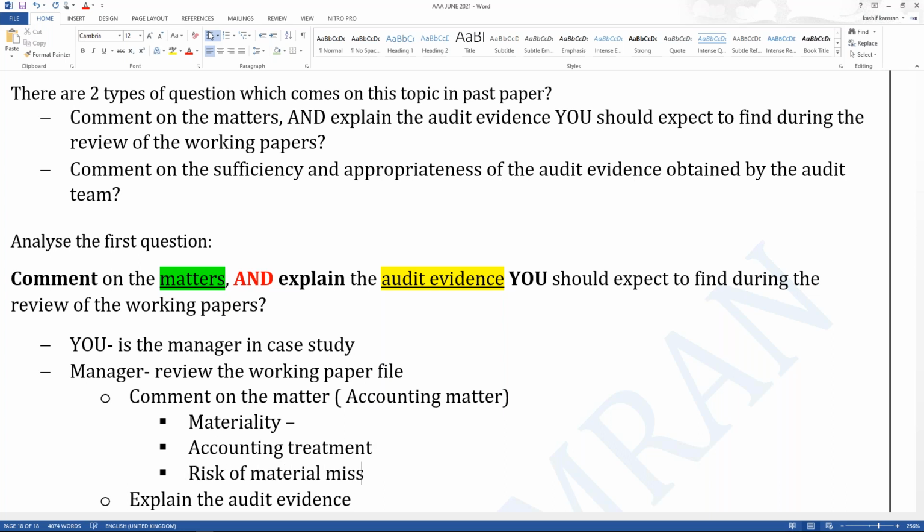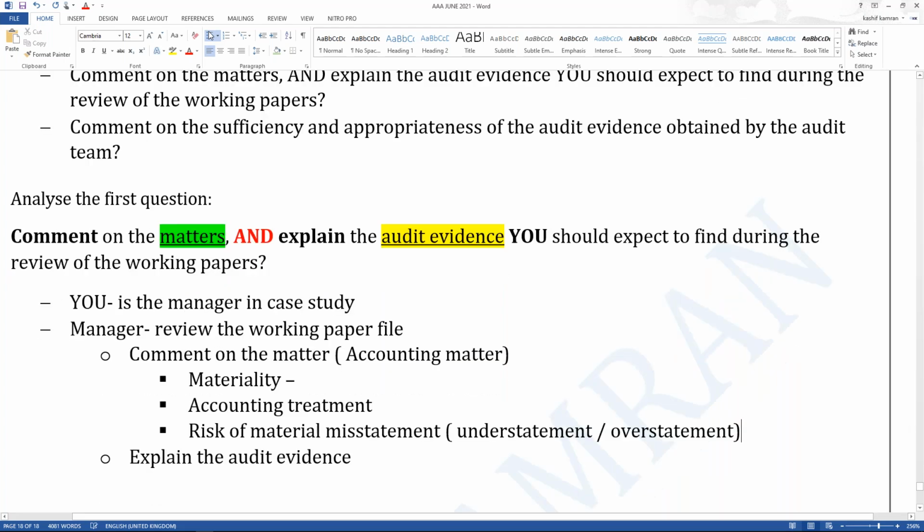If the accounting treatment is wrong, then you say what the risk of material misstatement is. That means you comment on the understatement and the overstatement. That's exactly what you do in audit risk and in risk of material misstatement. Am I right? So how many comments are you doing? Three.